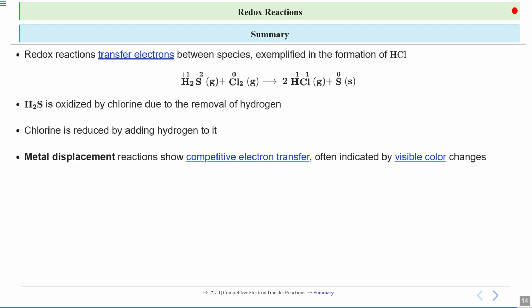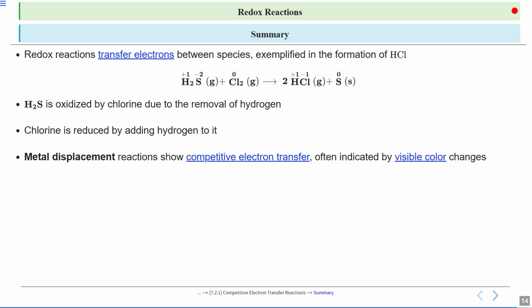So in the metal displacement, the metal that loses electrons more easily will displace the other metal from its compound. This is the most important line here: the metal that loses the electron more easily will displace the other metal from its compounds.